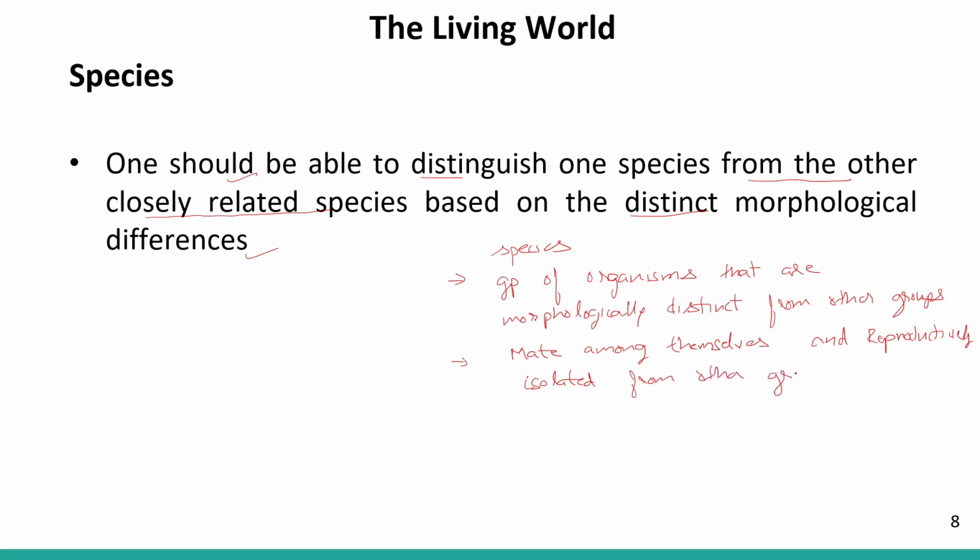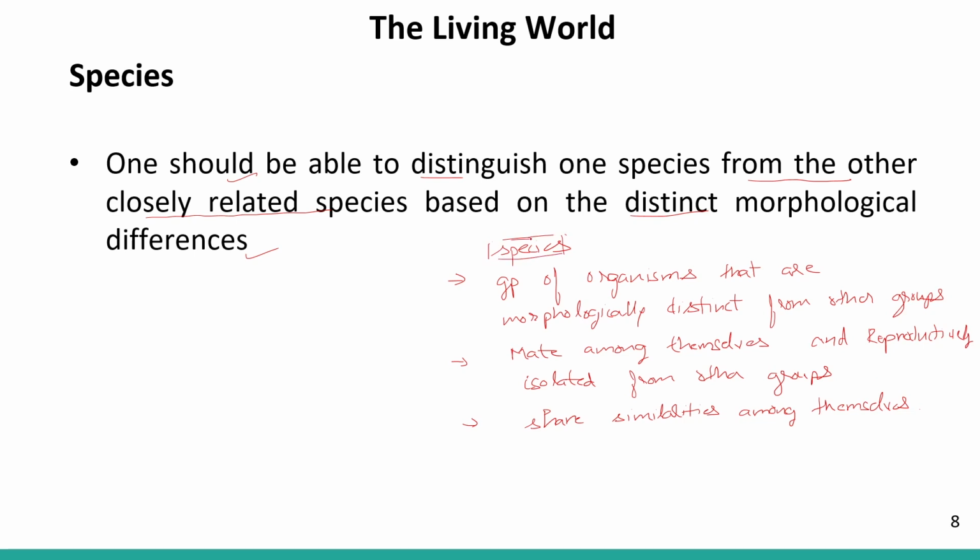And the individuals of the species should share similarities among themselves and should be morphologically distinct from the other groups. So this is how species can be defined.